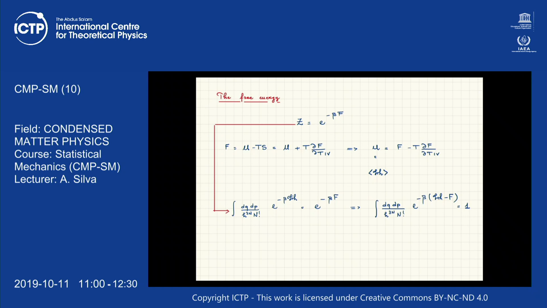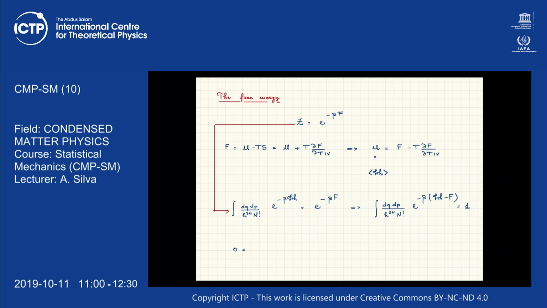Now, if I take a derivative of this on both sides with respect to beta, I will get 0, because the right side is constant.